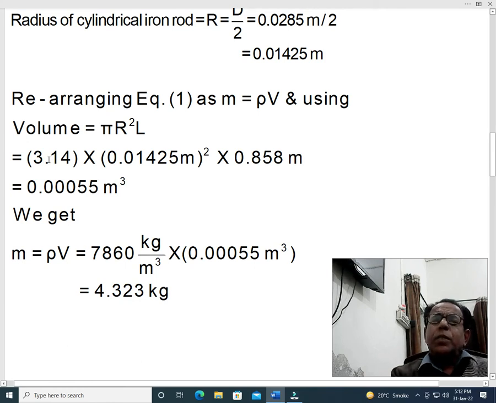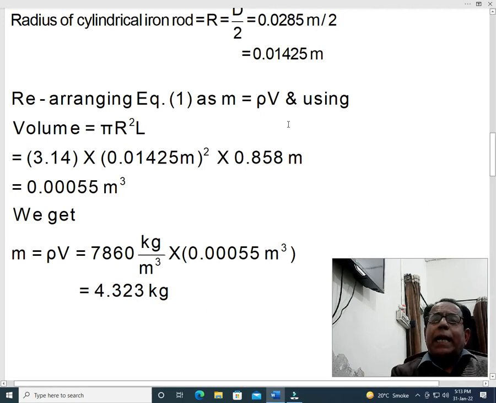So in place of pi we have put 3.14. In place of R we have used its value, which is 0.01425 meter, which we have already calculated by dividing the given diameter by 2.